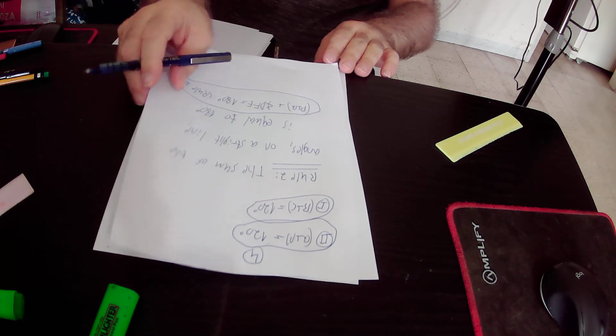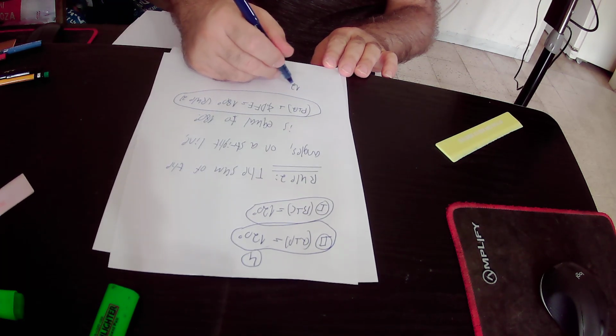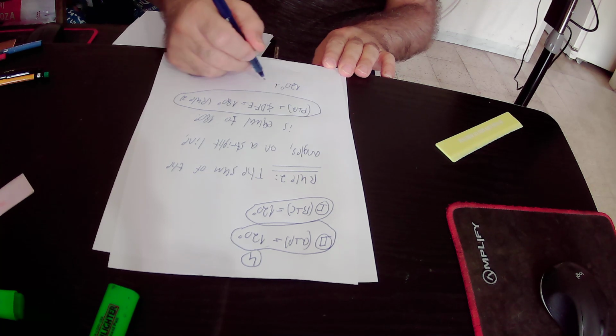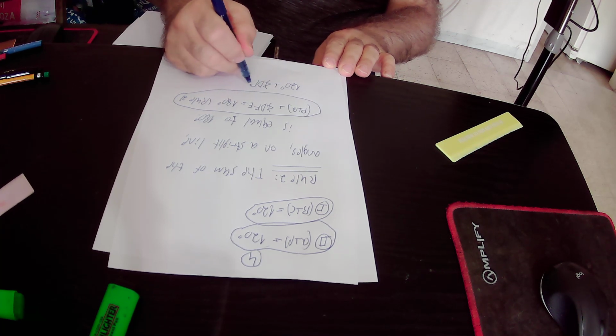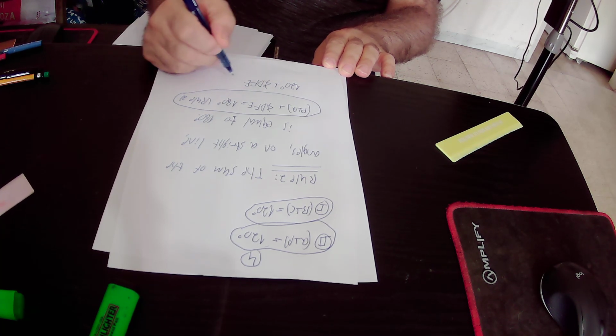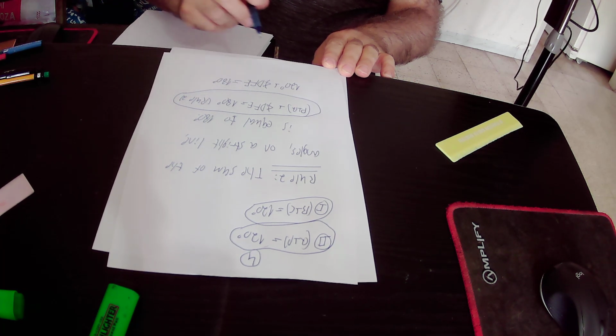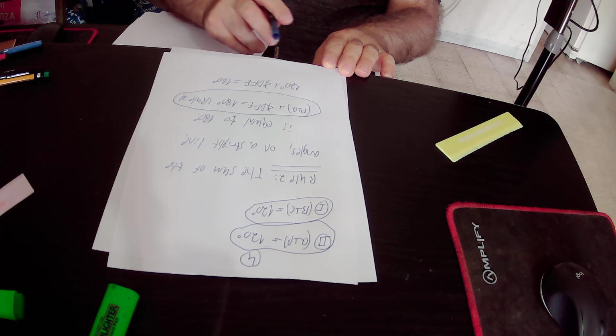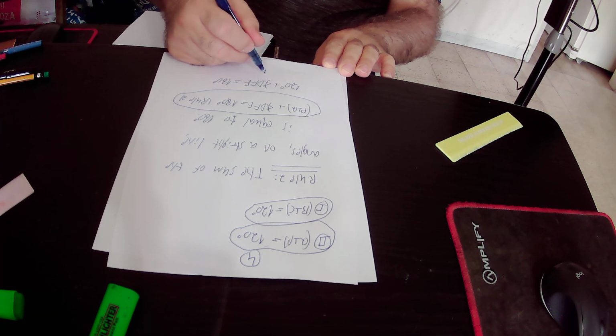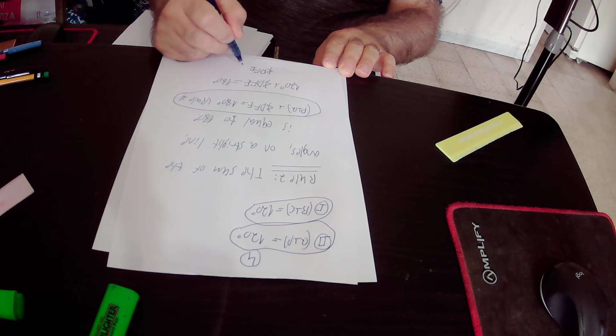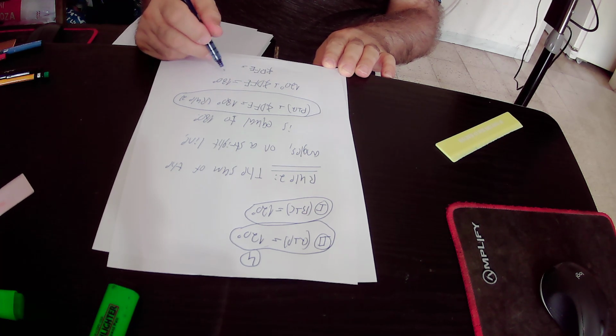Okay, so we get that 120 degrees plus angle DFE equals 180 degrees. Here we subtract 120 degrees from this equality and we will get that angle DFE equals 180 degrees minus 120 degrees, which is 60 degrees.